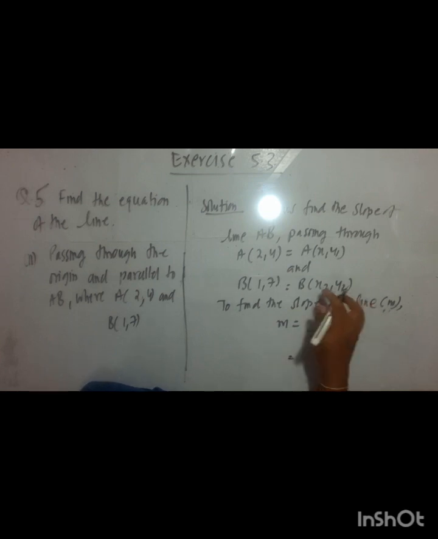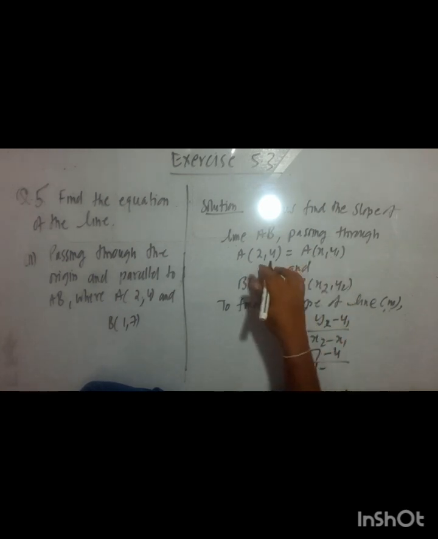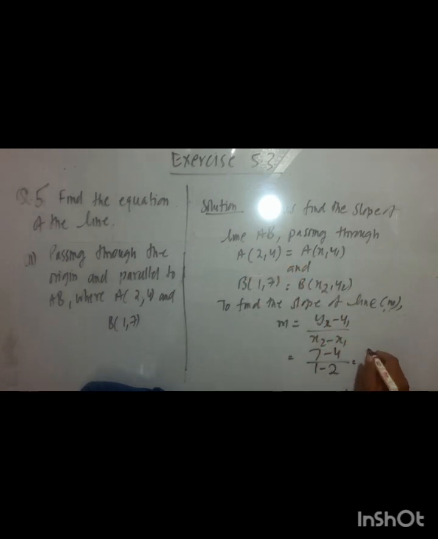So what is y2? y2 is 7. What is y1? y1 is 4. What is x2? x2 is 1. And what is x1? 2. So it will be 3 upon minus 1. So that is equal to minus 3. So M is equal to minus 3.